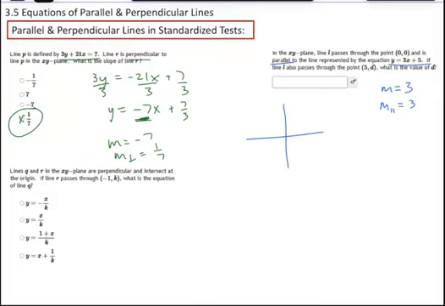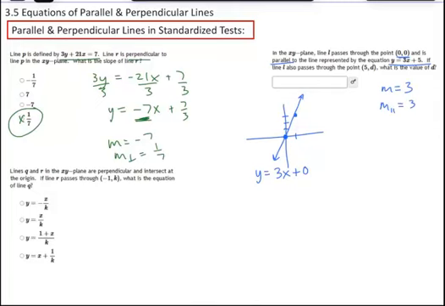And since it passes through the origin, 0, 0, we can plot this point and use the slope, which is a rise of 3, a run of 1. So this is the line that we're dealing with, and that line has an equation of 3x plus our y-intercept, which was 0. We don't need to write that 0. I put it there, though, just to indicate what it was.